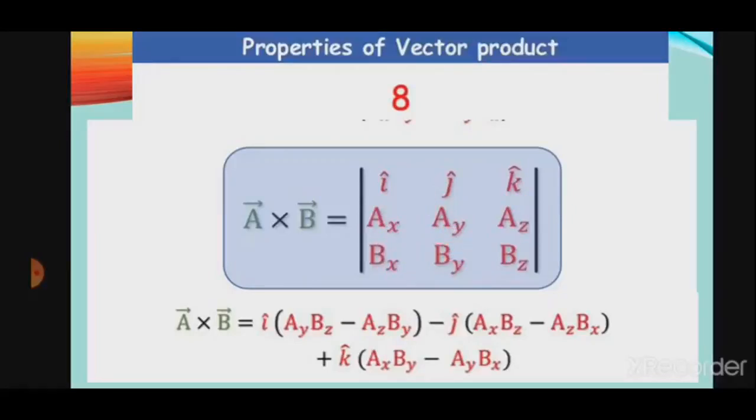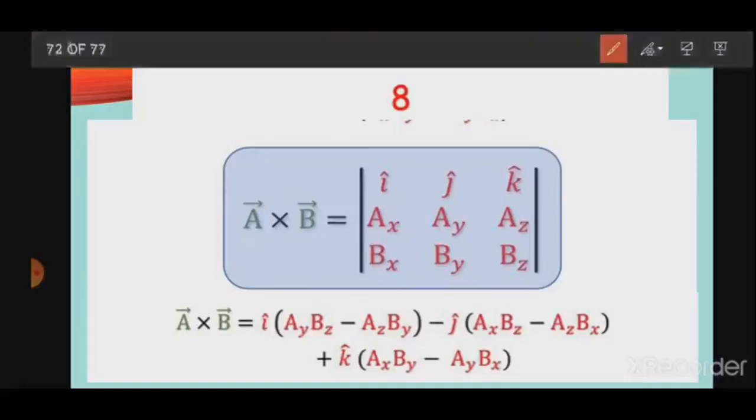Okay, now listen. The first one is the product of two vectors, A vector cross B vector. What is this? i unit vector, j unit vector, k unit vector. This is the orthogonal unit vector component.